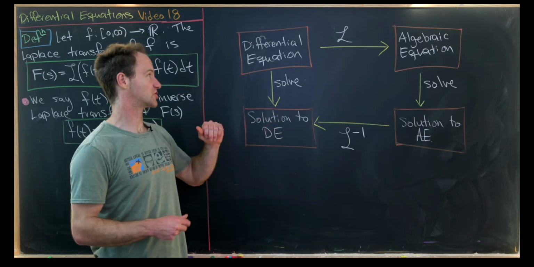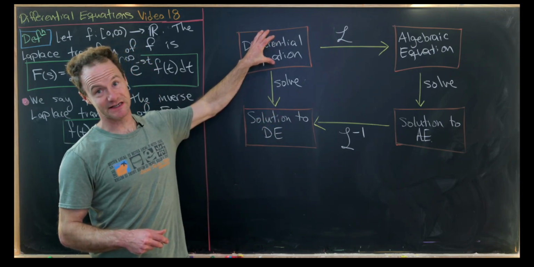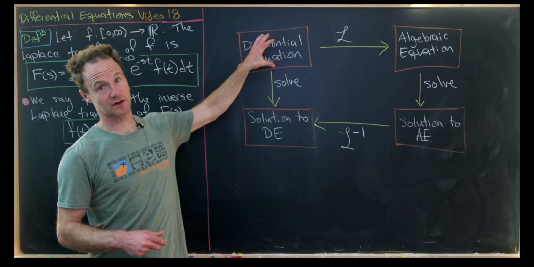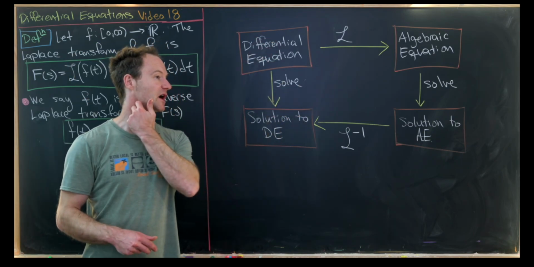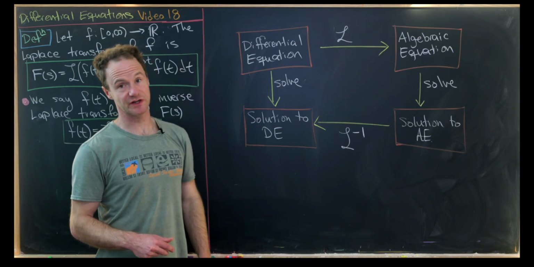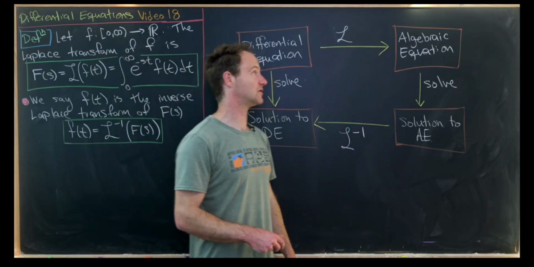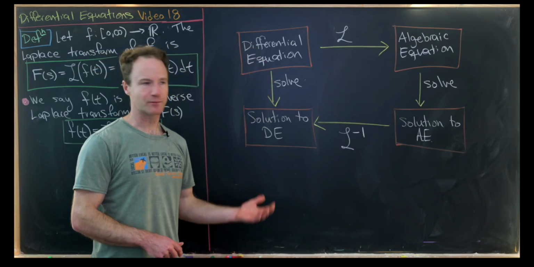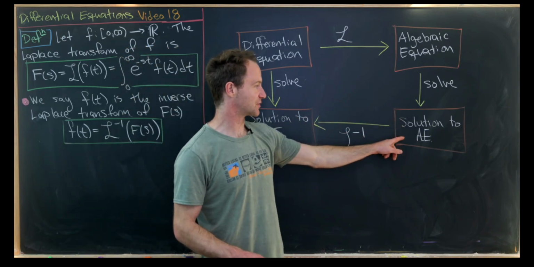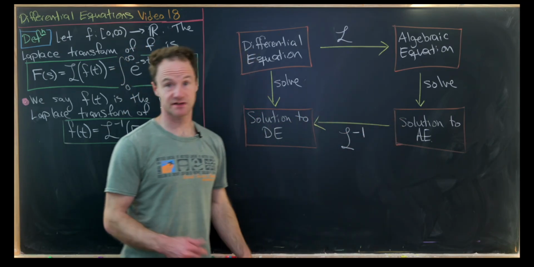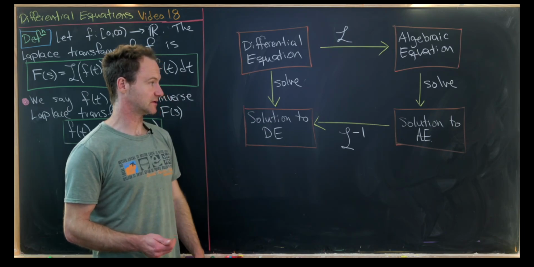Okay, so back to our chart. Let's say we've got a differential equation that we don't know how to solve. Well, we could apply the Laplace transform to this differential equation, and that'll leave us with an algebraic equation. And perhaps we know how to solve that algebraic equation. That'll give us the solution to this algebraic equation.